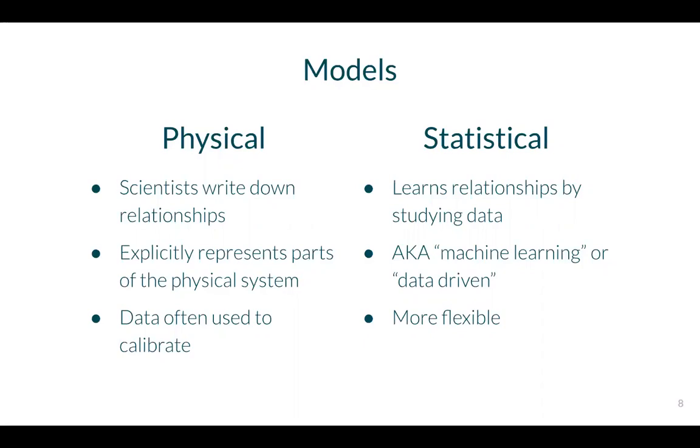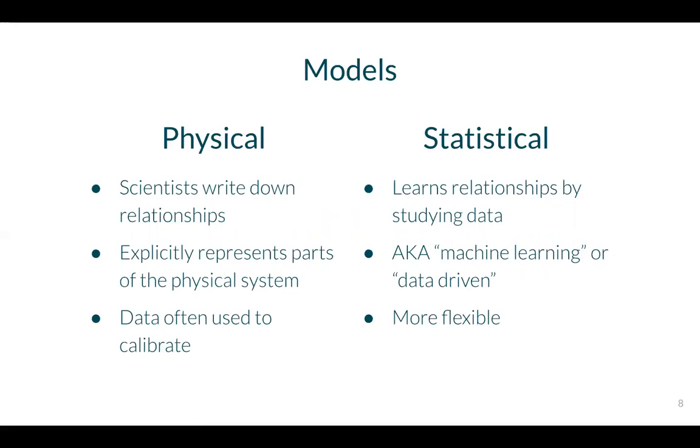For example, in a hydrology model, we would have equations for how water percolates into the ground. We may have other equations for how water evaporates and transpires out of plants, and some more equations that relate temperature and precipitation to snow accumulation and snow melting. And so then our model would be a sum of connecting up all of these different equations together.